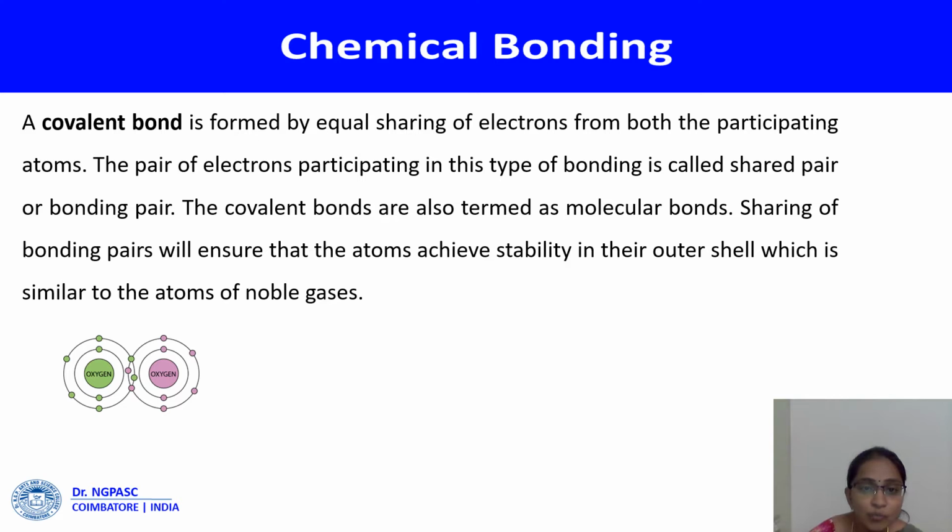What is a covalent bond? A covalent bond is formed by equal sharing of electrons from both the participating atoms. The pair of electrons participating in this type of bonding is called the shared pair or bonding pair.